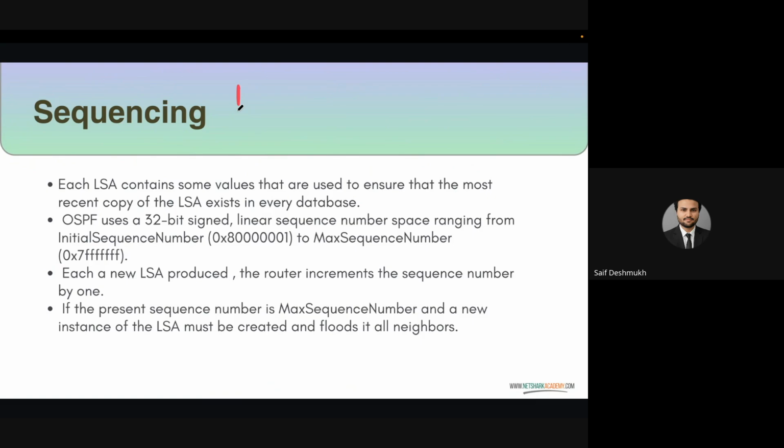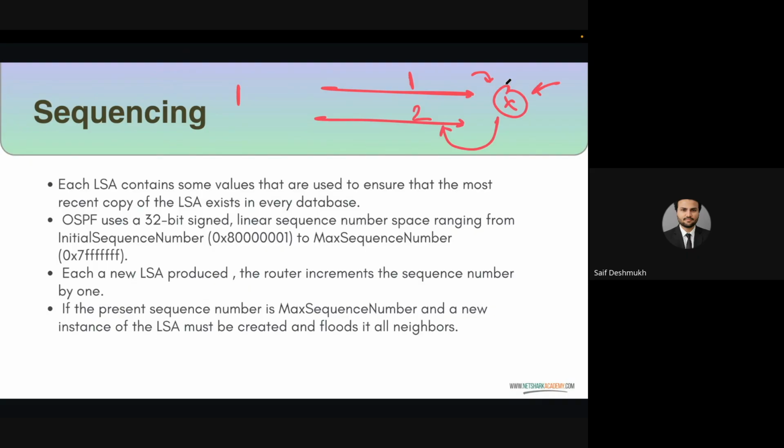Sequence number is something different. Each LSA contains some values that are used to ensure that the most recent copy of the LSA exists in every database. If the first copy is sent out with a sequence number of 1, it's fine. The second copy is sent out with 2. The receiving router knows that the most recent copy is 2, because what I have in the database is 1.